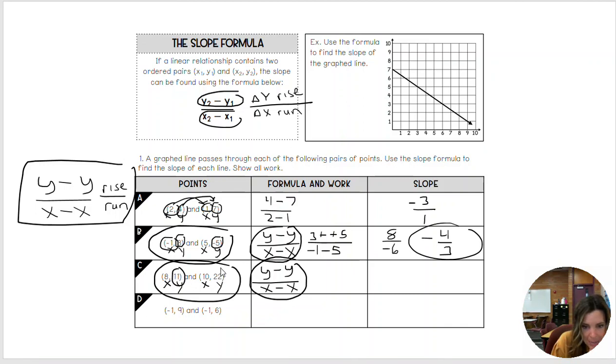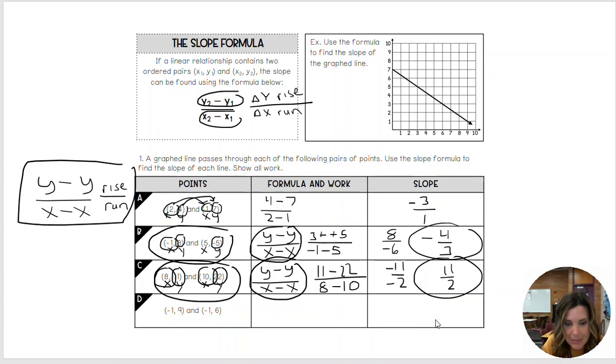So y minus y gives us 11 minus 22 over x minus x, so that's going to be 8 minus 10. When we simplify that, that gives us negative 11 over negative 2, which in the end simplifies to a positive 11 over a positive 2.